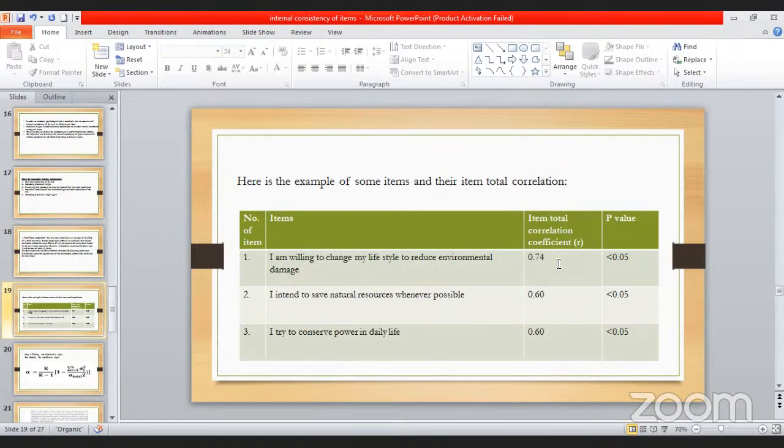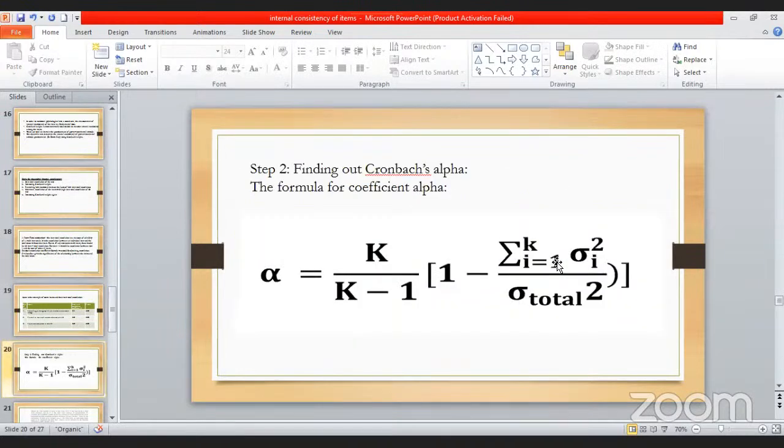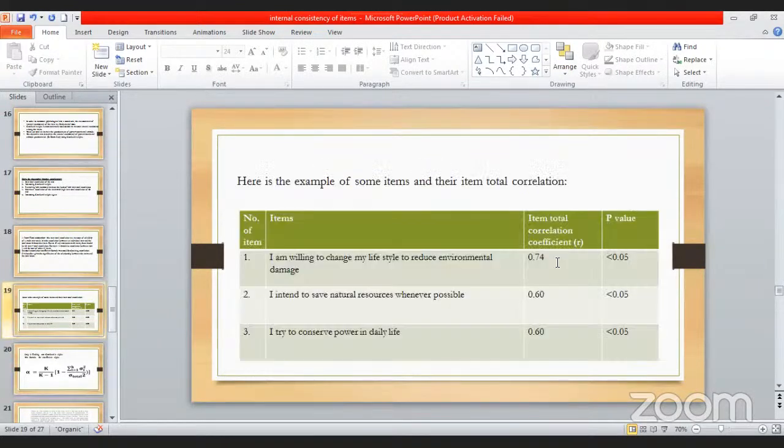In these 3 items, the item total correlations are 0.74, 0.60, 0.60, and the p-values indicate all of those are significant. But in this particular test, it was found that 46 items have very good correlation coefficients, but 9 items have very low consistency.